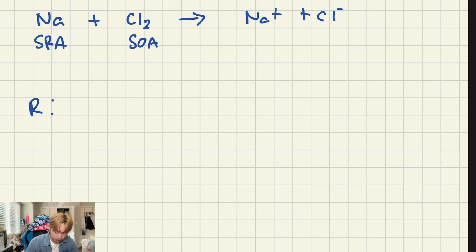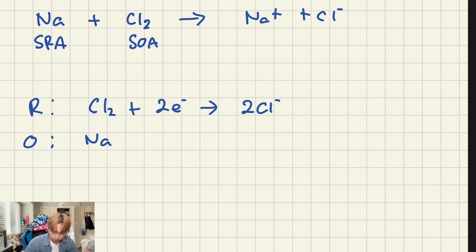For our reduction, we have Cl2 plus 2 electrons turning into 2 Cl minus. And for our oxidation, we have Na turning into Na plus and an electron.